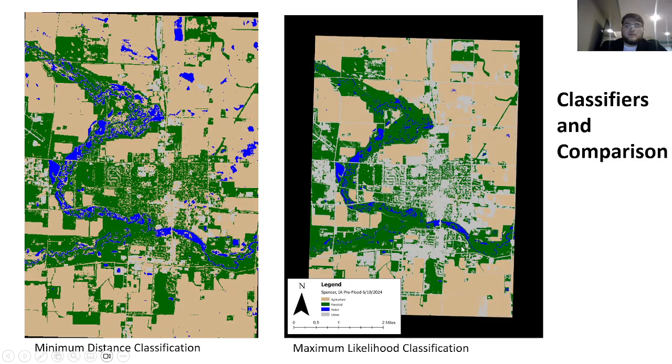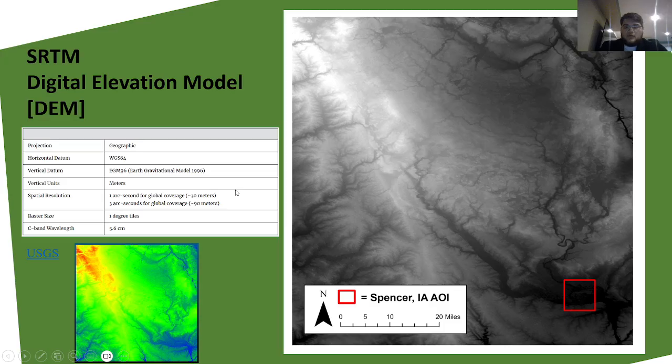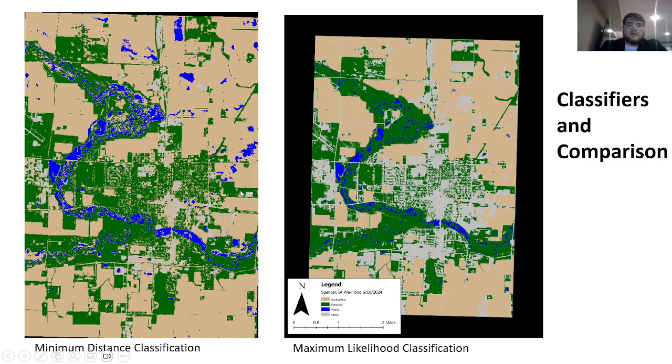I will say that there was some cloud cover that you can see on this image, for instance there and there, which is going to cause error for the urban classification because we didn't do a fifth class for clouds alone, so that'll be grouped in with the urban area, so that'll cause a little bit of error. But besides that, we have forested area, and we have water, urban, and agriculture.